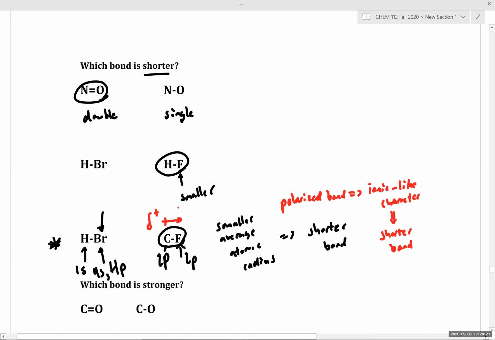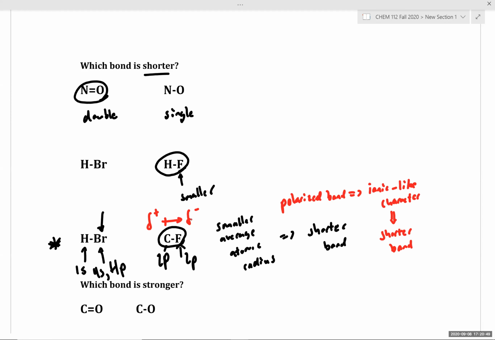Because we have this attractive interaction between our partial positive carbon and our partial negative fluorine. These are not full charges, these are partial charges, but this polarized bond experiences an attractive interaction between our carbon and fluorine atoms. And this attractive interaction, this pseudo-ionic character, also leads to a smaller bond length.